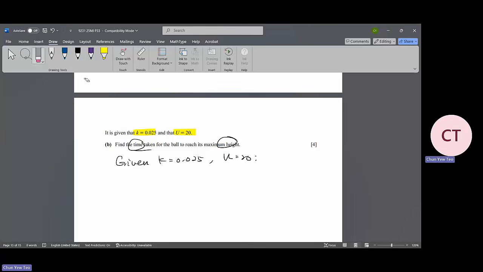If they're looking for maximum height, then V will be 0. Since I know U is 20 and V is 0 when you reach the maximum height, then we can find the time.